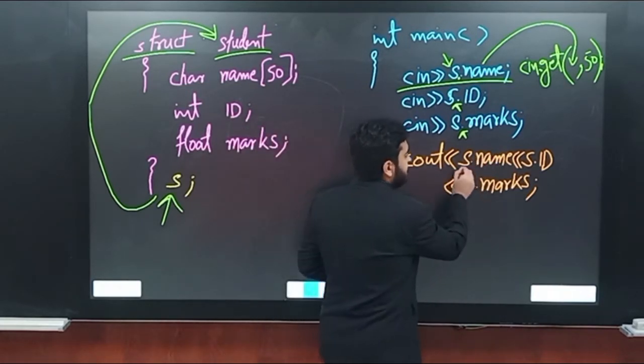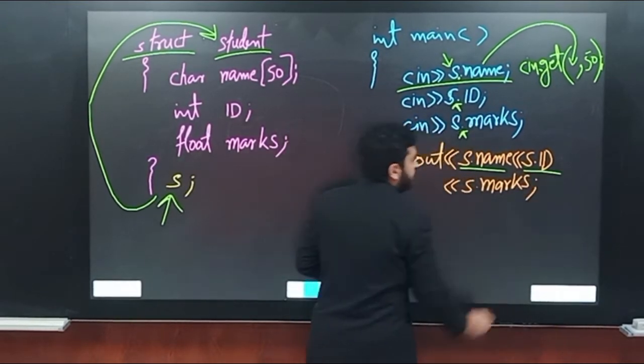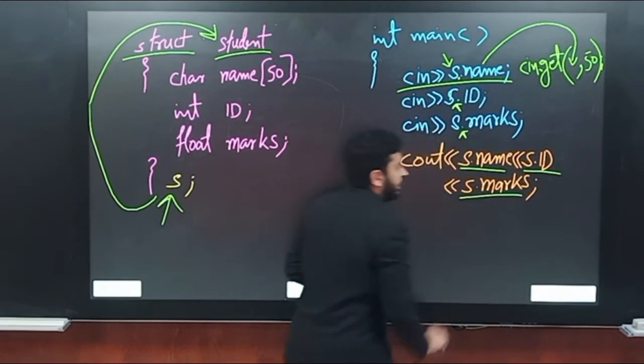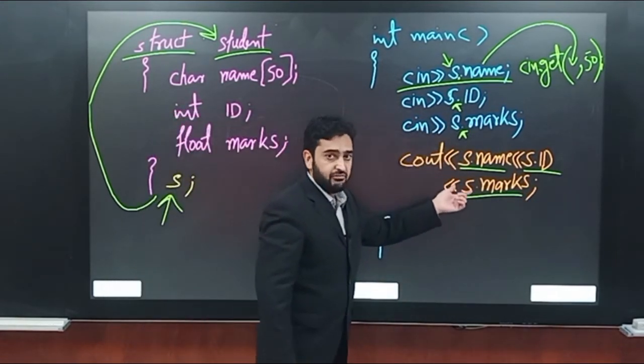So s dot name will print the name inputted from the user, s dot id will print the value, and s dot marks will also print the value of the structure variable s.